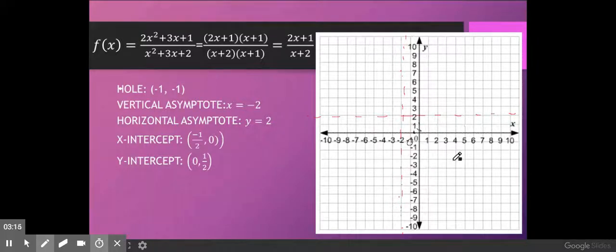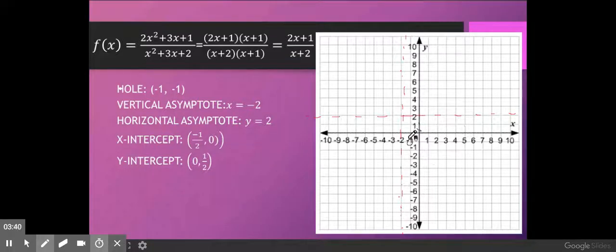Now, our rational function, when we have one vertical asymptote, is going to have 2 parts. It's going to have a part on the right side and a part on the left side. And we have to determine which side of the horizontal asymptote it's going to be on. Here, we already have some points that are telling us on the right side of the vertical asymptote, our function is going to be below.